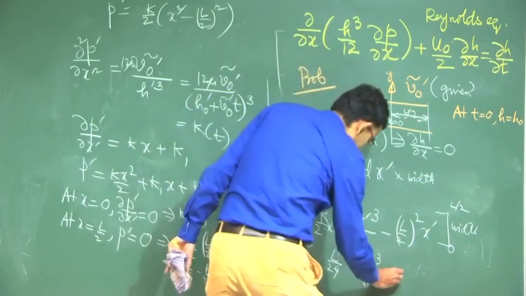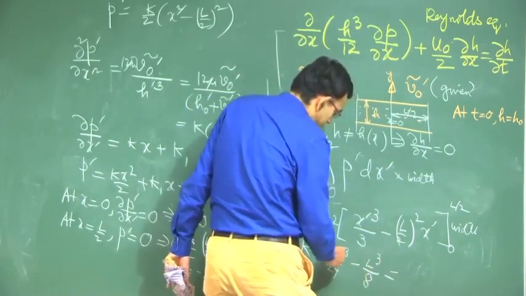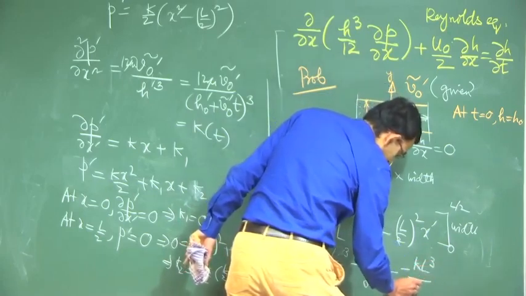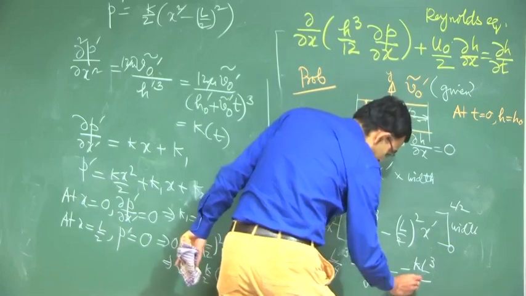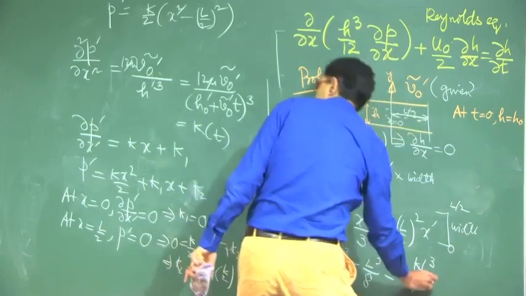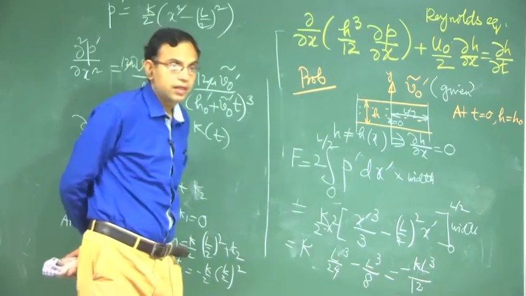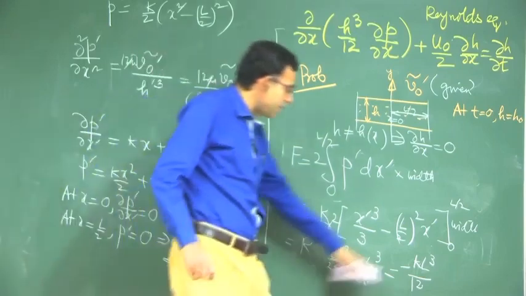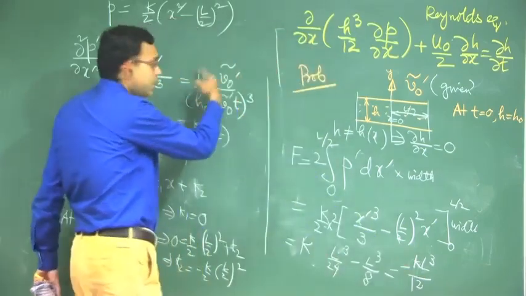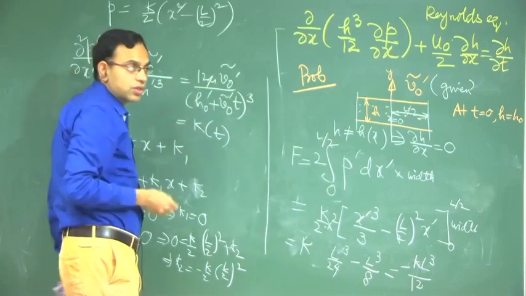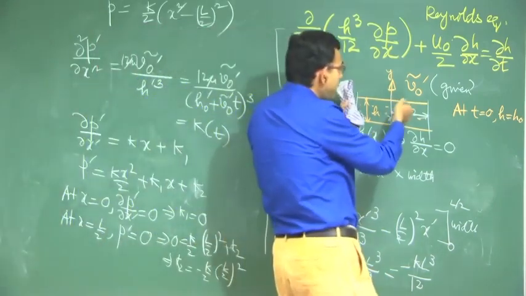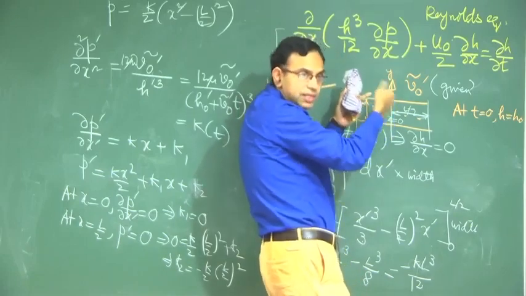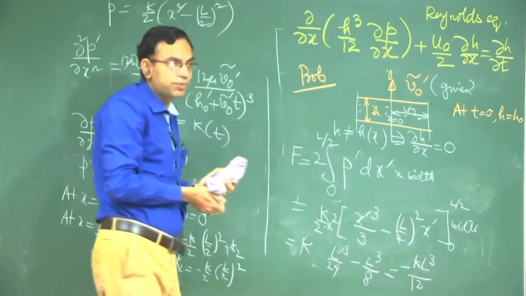So, this will be 3 minus 1 2, so minus k L cube by 12, right. One interesting thing is that the force is negative. So, the force is negative means when the plate is moving up there is something which is actually dragging it down, that is the physical meaning of this negative force.